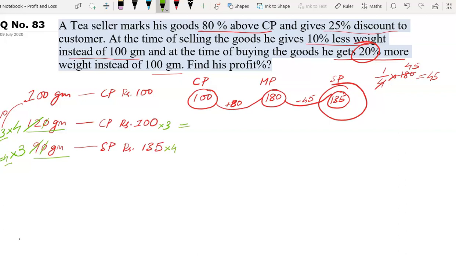So our CP will be how much? Our CP will be 100 into 3, 300. And our SP will be 135 into 4 will give us 540. So this is our CP, 300, 540 is our selling price, SP. Now if we need to find the profit, SP minus CP, 540 minus 300 will give us 240 profit.